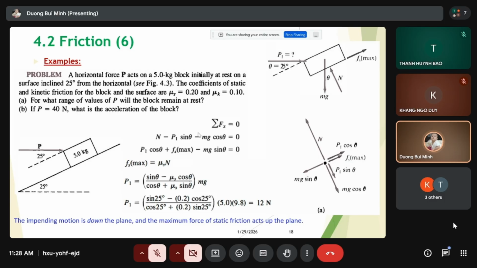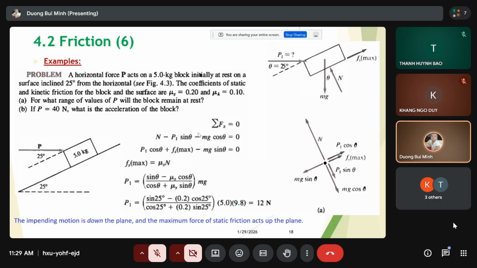Okay, and then we combine. We move this here, so you get mu s times b1 sine theta plus mg cosine theta, right? Minus. No, this is minus.